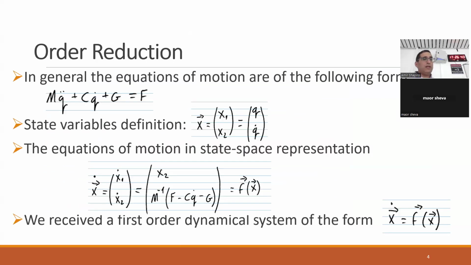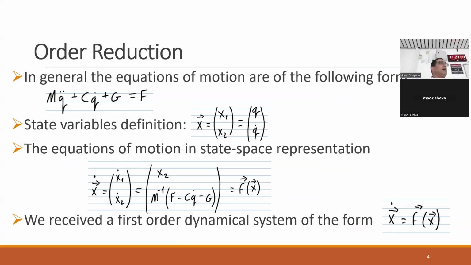And then we can have the equations of motion in a matrix form, as you can see here, with M, C, and G, and F. So M and C are matrices, and G and F are vectors.